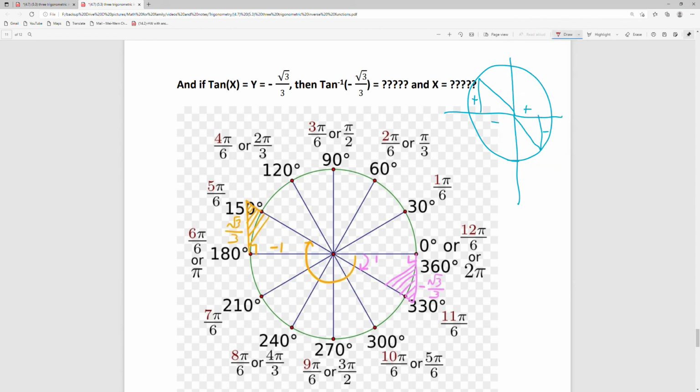Your first angle will be negative pi over 6, and the second group will be plus pi. So this one is negative pi over 6 for sure for the arctangent. And this time, I will use just one group, plus minus n pi.